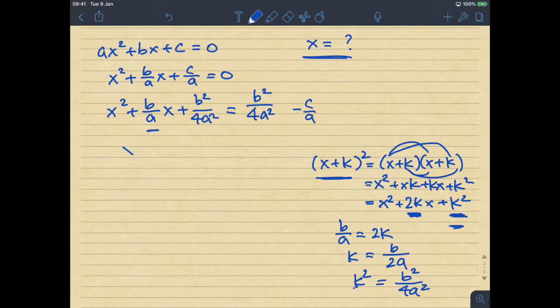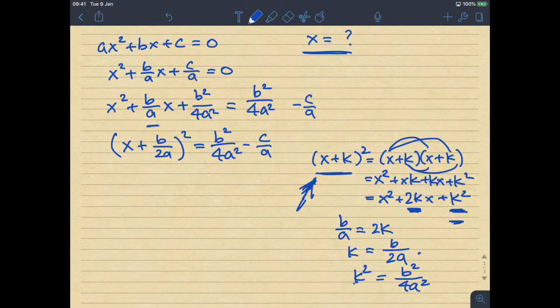Basically this can be rewritten as x plus k, what's k? b over 2a, so x plus b over 2a all squared. That's why we've done this, right? This is equal to b squared over 4a squared minus c over a.